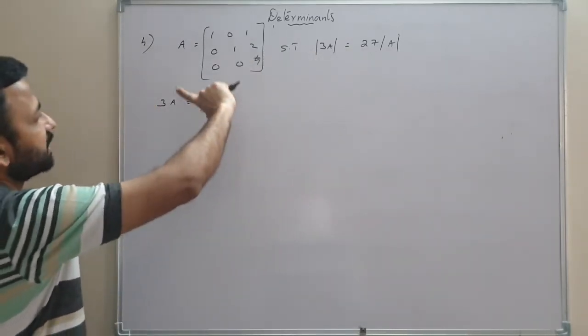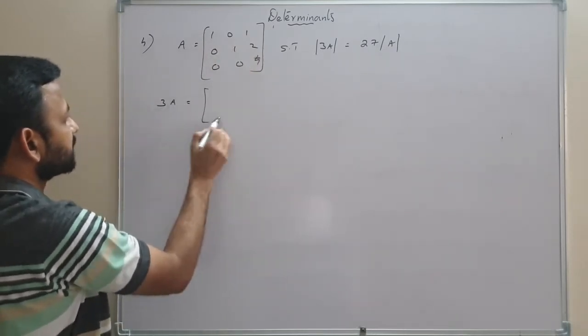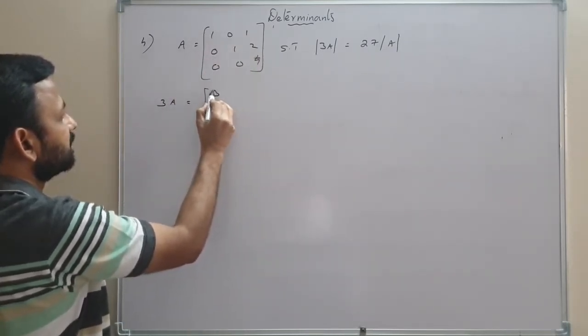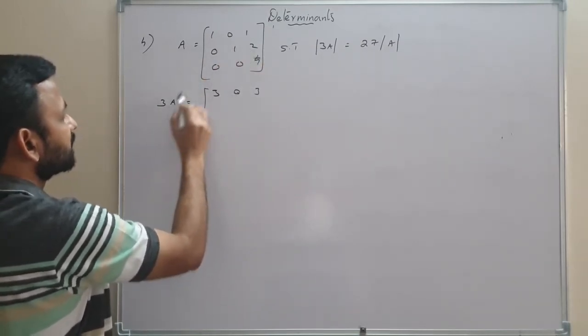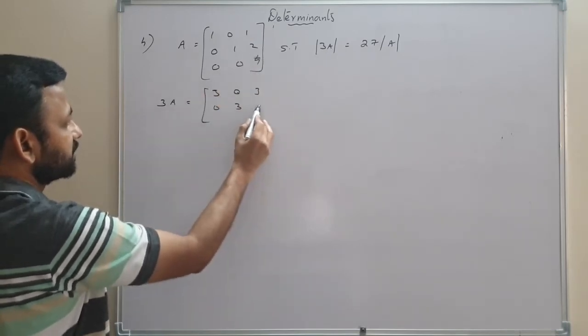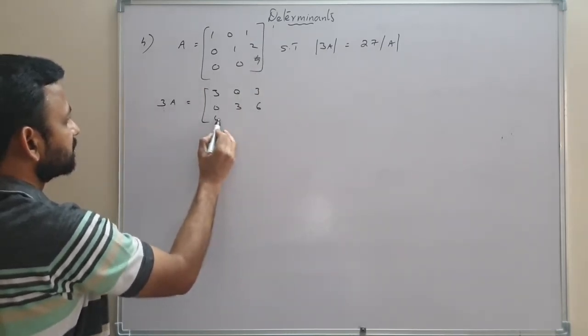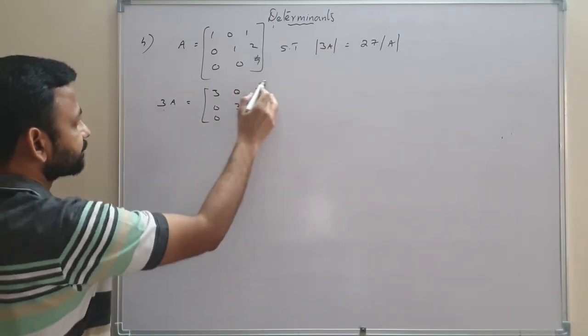So when we find 3A, we have to multiply each and every element by 3. So the answer will be 3 into 1, 3, 3 into 0, 0, 3 into 1, 3, 3 into 2, 6, 3 into 0, 0, 3 into 0, 0, 3 into 4, 12.